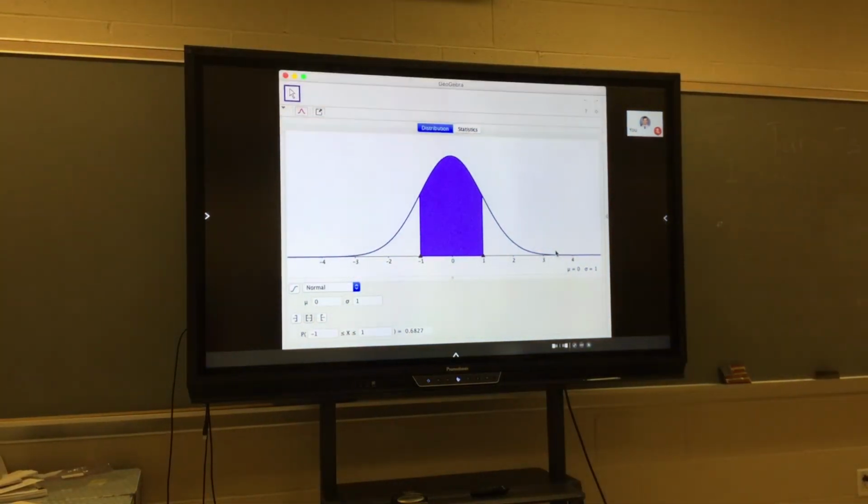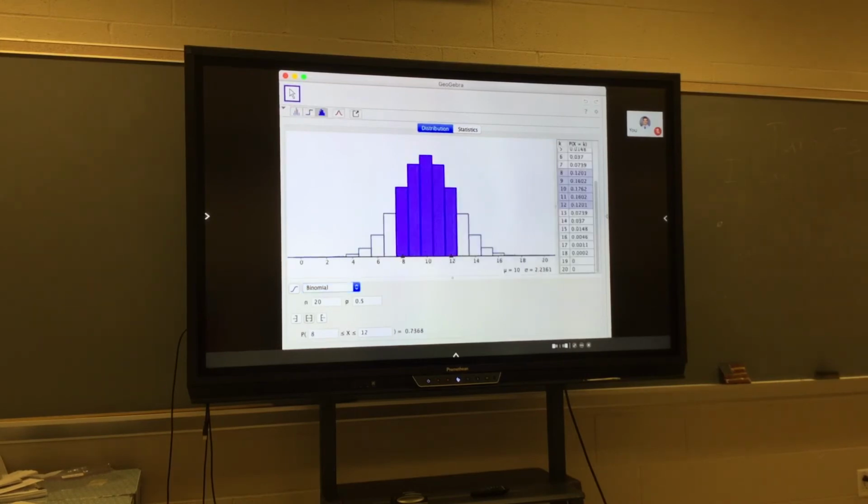Okay, so in GeoGebra, you're going from the probability calculator perspective. Now, this is the normal model that we had been working with when we did z-scores. We don't want the normal model. We want to use this drop-down menu and pick a binomial model.